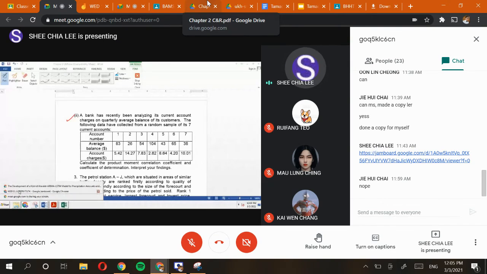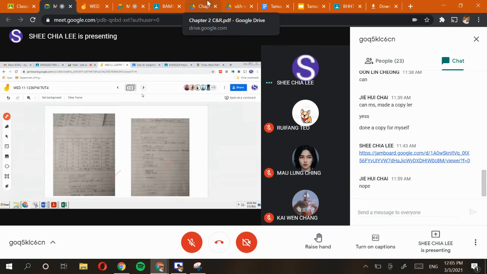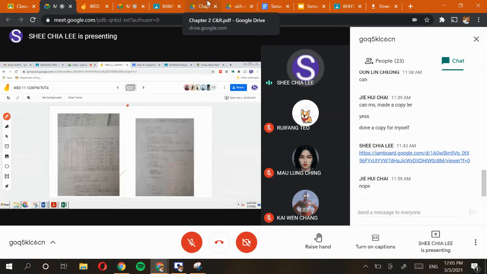So this is your 0.9 something, and this is your R square. R square is your determination. You have to write down the interpretation, because interpretation is very popular for this chapter and marks will be given. So please learn how to write the interpretation.